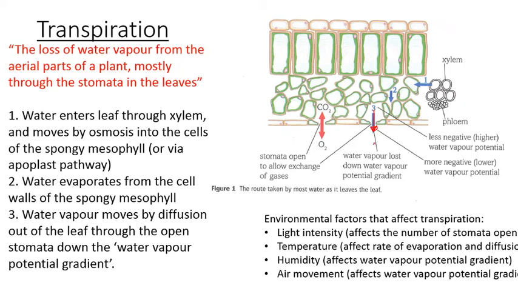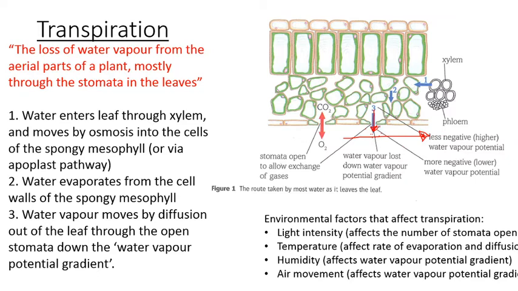Air movement, wind. If it's very windy, all the water vapour, which is like here, if it's just diffused out the plant, all of it will be taken away by the wind. And that ensures you maintain a steep concentration gradient because all those water molecules get moved away from the stomata.